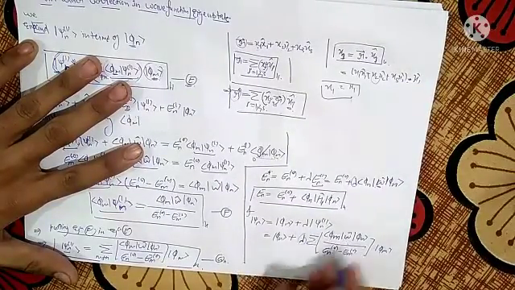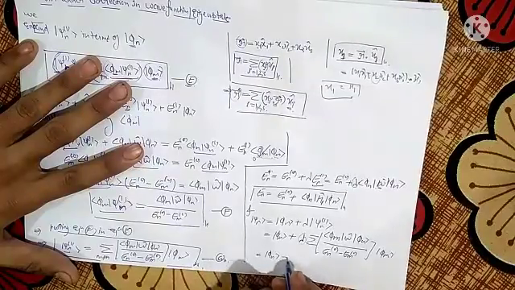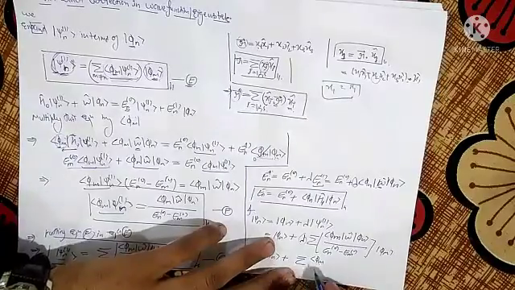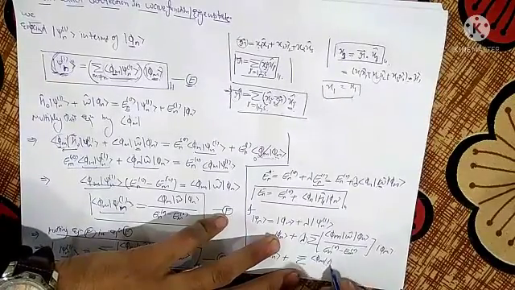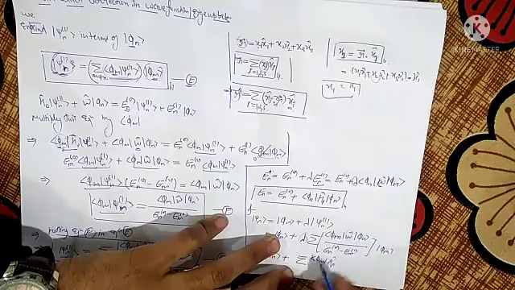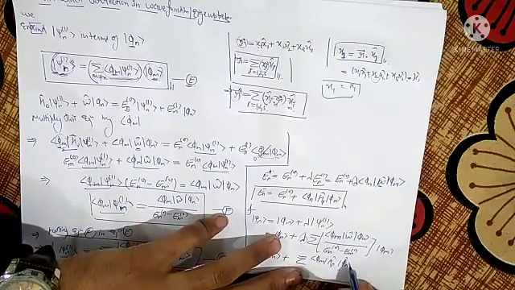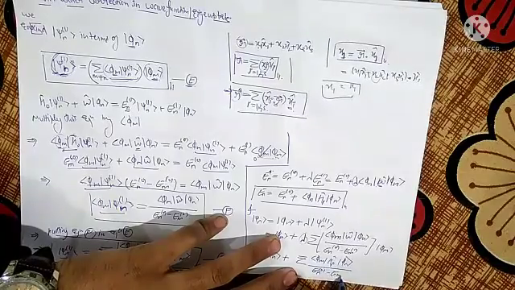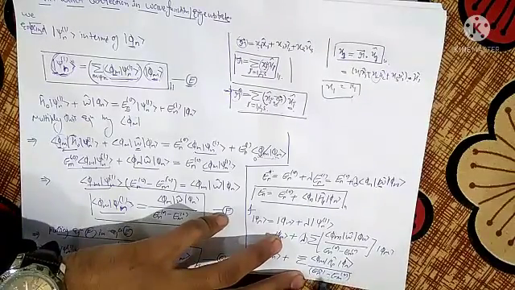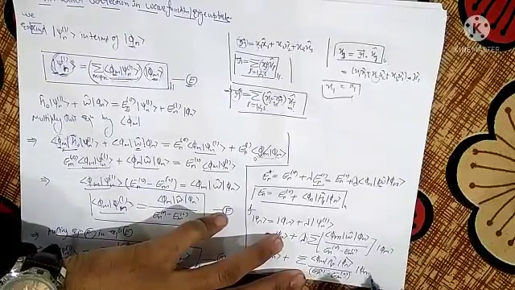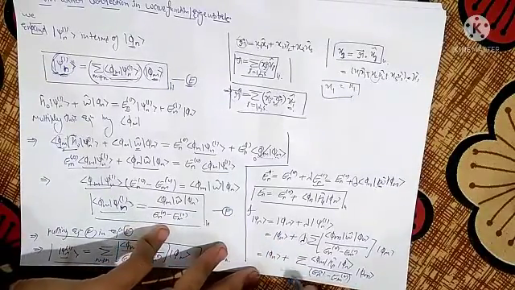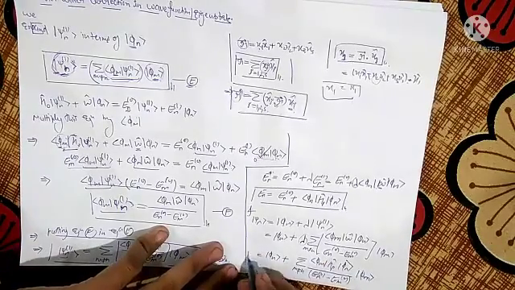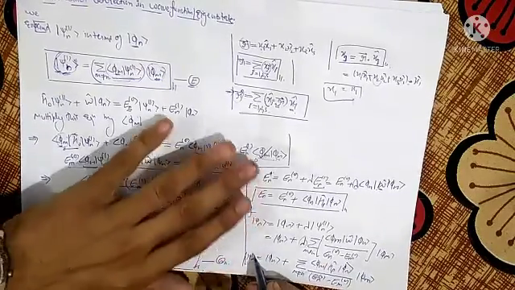Multiplying this lambda inside, it will be the summation of phi m, Hp, because lambda into W is Hp, and phi n over E n naught minus E m naught, where n and m are two different states which we have solved already, so we know what these quantities are, and this is the corrected wave function up to first order.